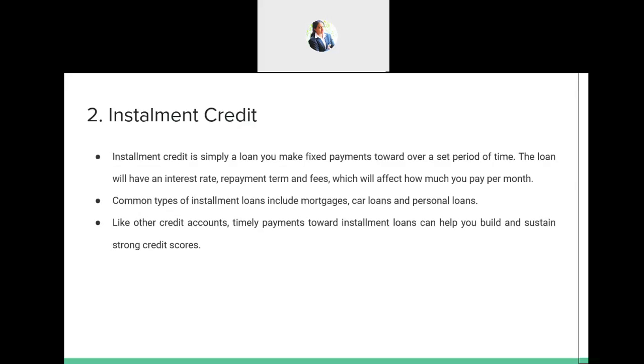As we said, it will have an interest rate, repayment terms and fees, and it will also tell how much has to be paid per month. It can be in the form of mortgages, car loans, or personal loans also.